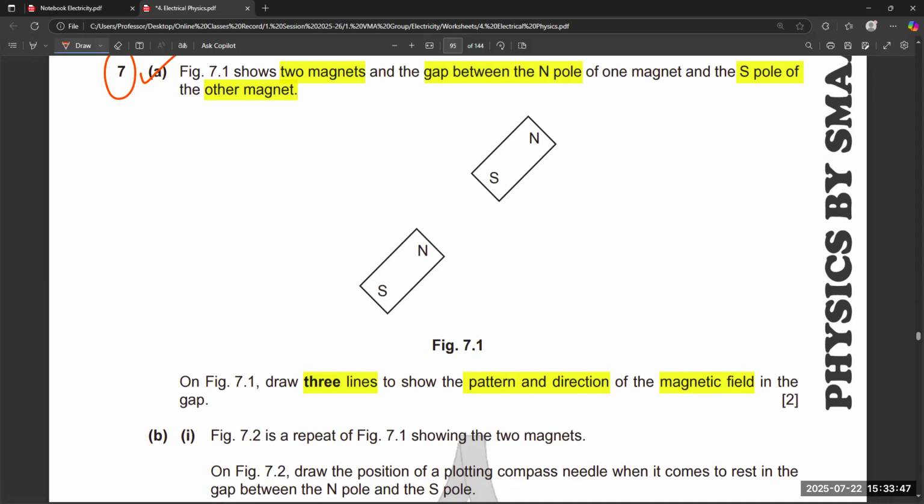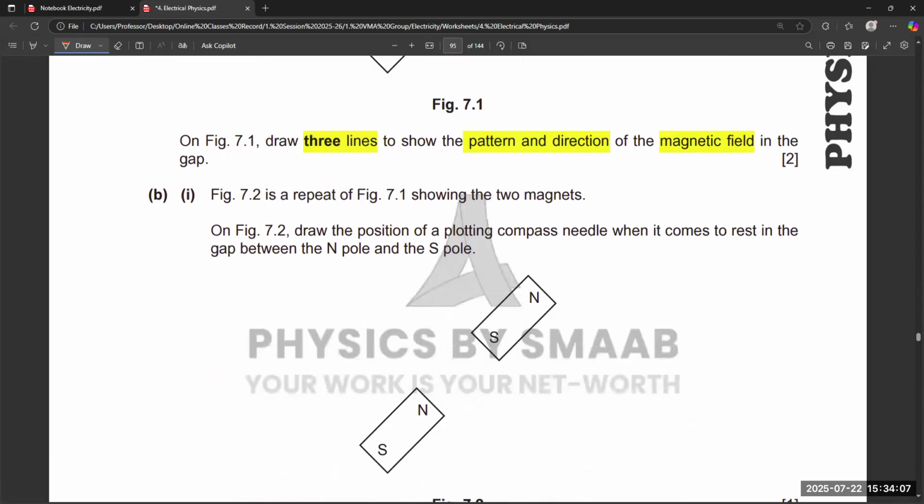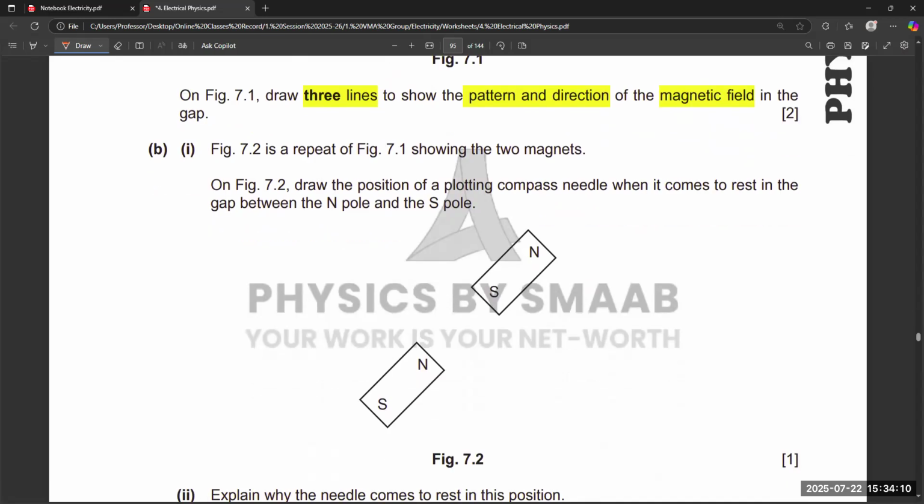Magnetic field always flows from the north to the south pole, like this, north to south, north to south. Now we have the same type of diagram in 7.2.